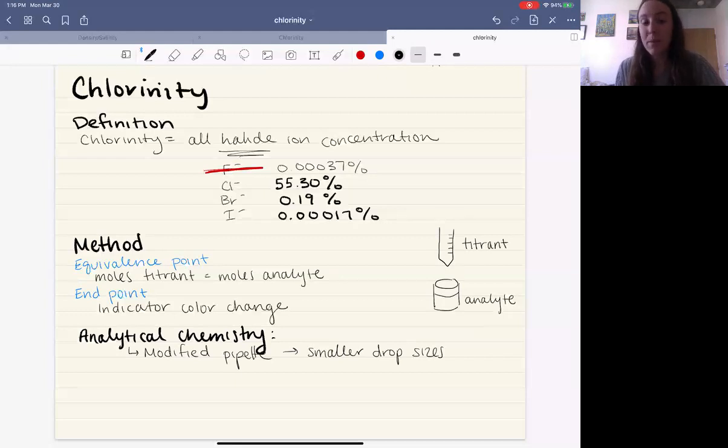And maybe you remember from doing titrations when you would add one drop out of your burette and all of a sudden your color would change drastically. But the smaller your drop size is, the closer you can get to an accurate determination of your endpoint. Okay, so using a modified pipette allows us to make our titration a little bit more accurate.